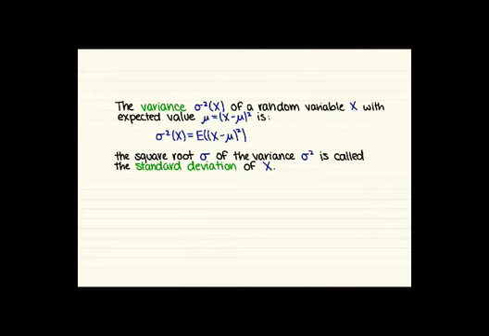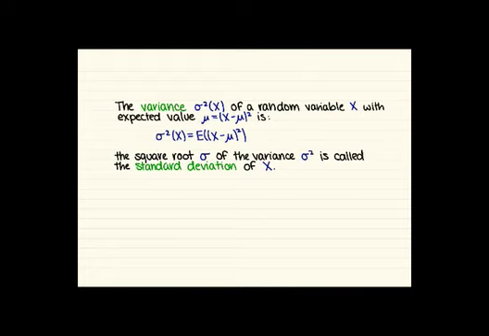A related idea to the expected value is the variance. The variance gives a kind of measure for how far away from the expected value this random variable typically is, so how much it tends to deviate, or how spread out the values of the random variable are.